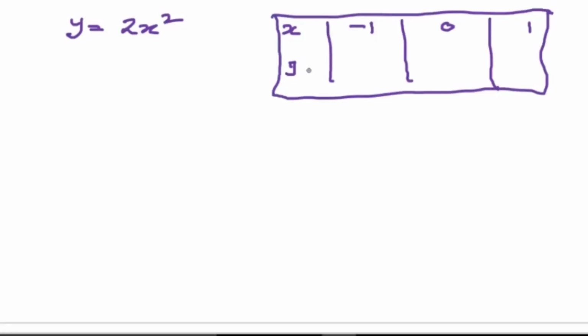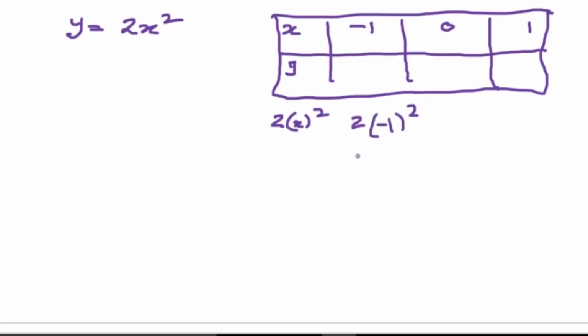2x squared. In this case, our function is 2 times x, and we square it. Right? For the point -1, we will have 2 times -1 squared, which is 2 times 1, which is a 2. So we place a 2 in here. This is the y coordinate that goes with -1. The second point is a 0.